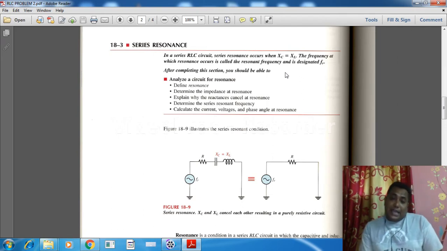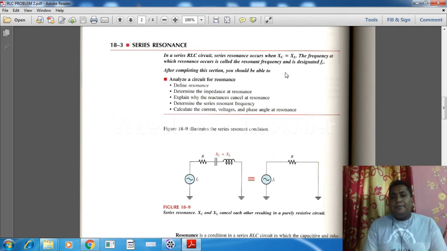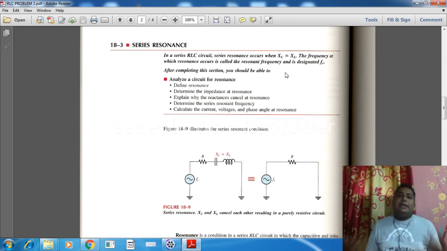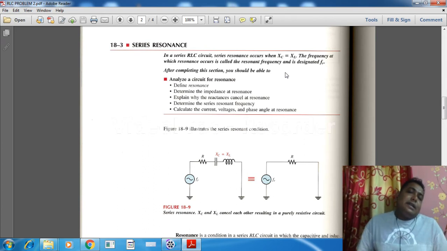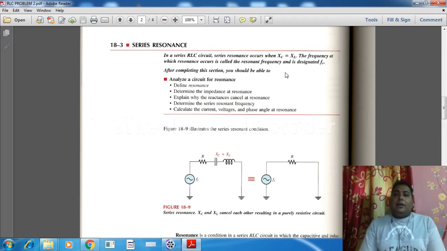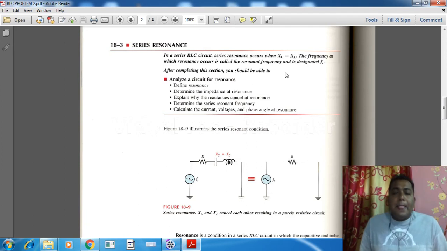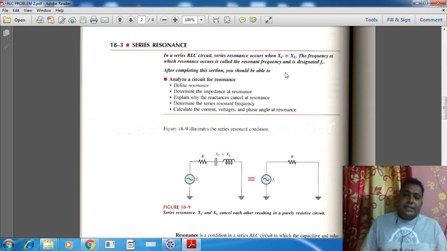Now if we change this F value in case of XL and XC, we can say that in case of XL the frequency is directly proportional, in case of XC it is inversely proportional. So with the change of frequency, XL and XC are changing, but they are changing in the opposite direction.